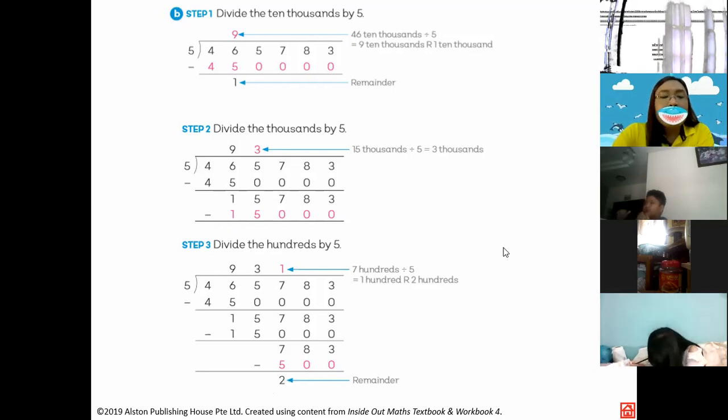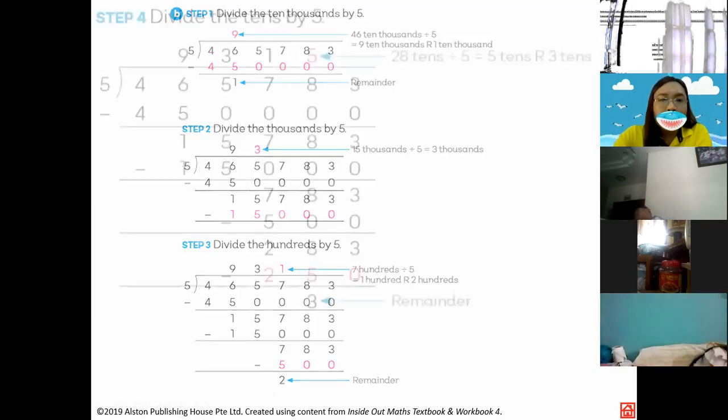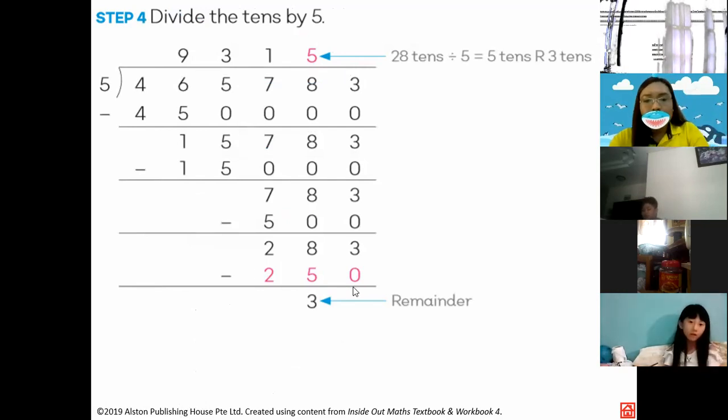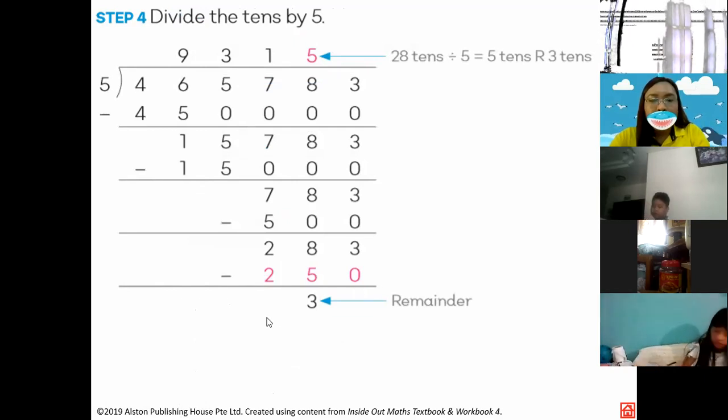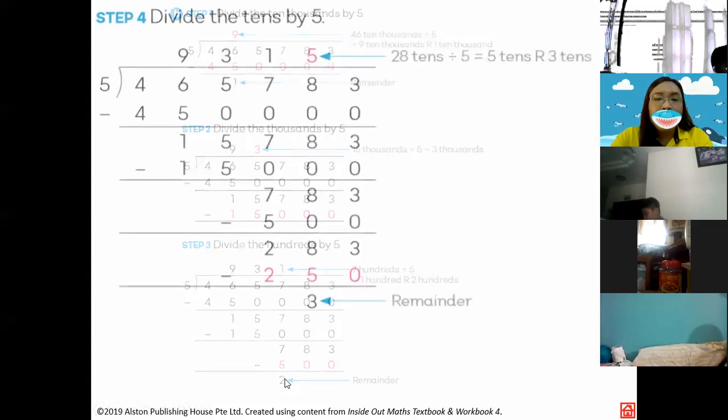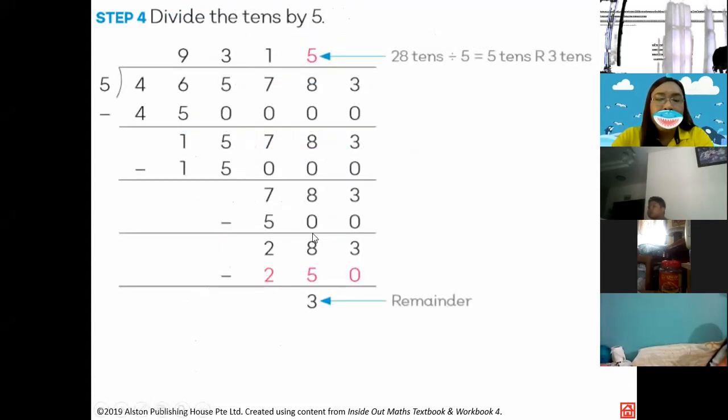Now let's proceed to step number 4. For step number 4, divide the tens by 5. Since we have 2 as the remainder earlier, all we have to do is bring down 8. So we bring down 8 over here.